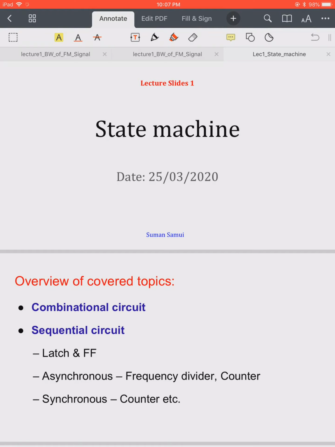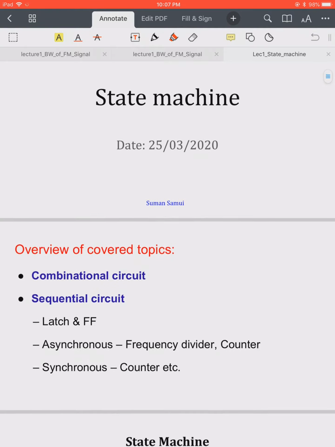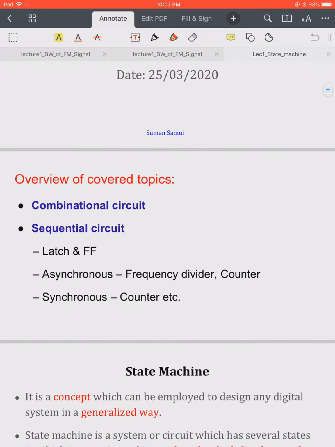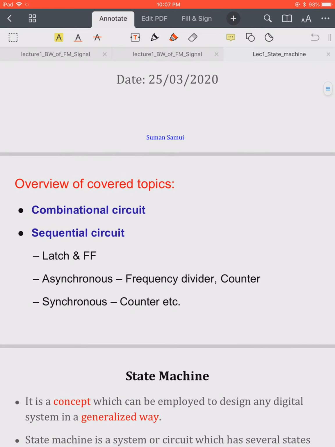Today I'm going to introduce a new topic, state machine. I assume that you already have some idea how to design combinational circuit and sequential circuit from specification.